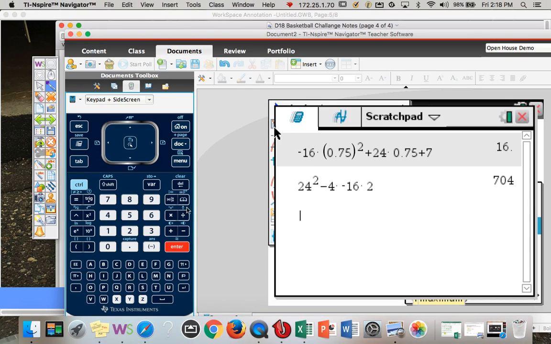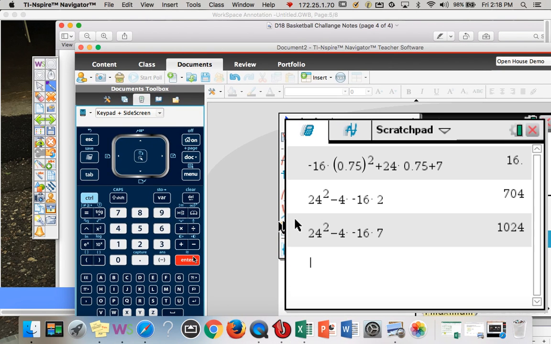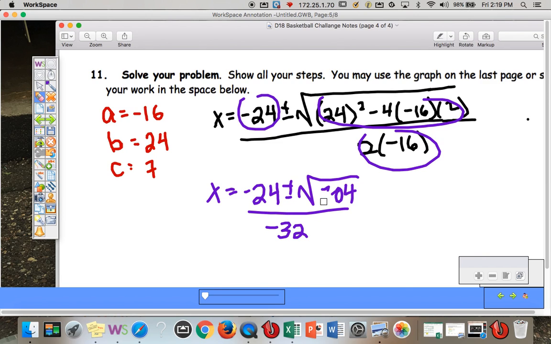And let's calculate our two answers. So negative 24. Oh, did I put 2 here? I should have put a 7 there. So let's redo this. 24 squared minus 4 parentheses negative 16 parentheses, and C was 7. Okay, 1024. Let's erase this.